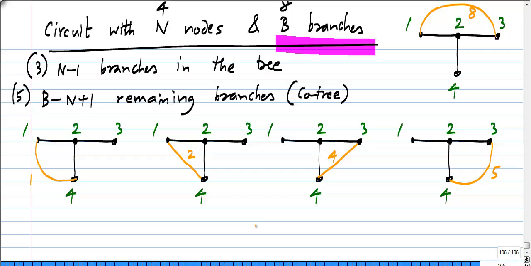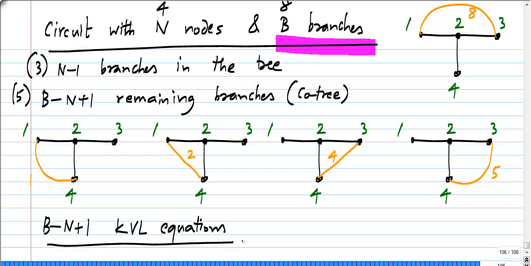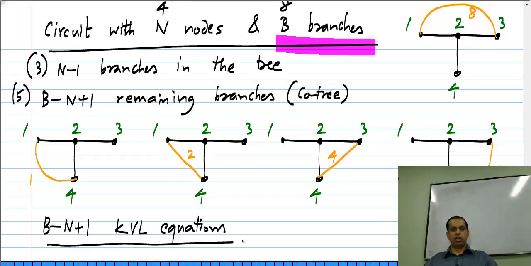Okay. So, there are 5 loops and I can have B minus n plus 1 Kirchhoff's voltage law equations. Okay. So, in an n node circuit we have n minus 1 KCL equations, and in an n node B branch circuit we have B minus n plus 1 KVL equations. Okay.